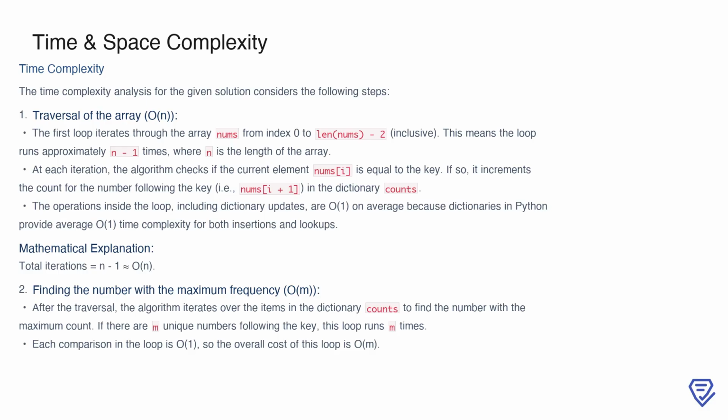Next, we examine the step of finding the number with the highest frequency in the dictionary. Here, the algorithm iterates over the m unique numbers in the dictionary, performing one comparison for each entry. This loop runs in O(m) time, where m is the number of unique numbers following the key. Combining these steps, the traversal takes O(n) time, and finding the maximum frequency takes O(m) time.